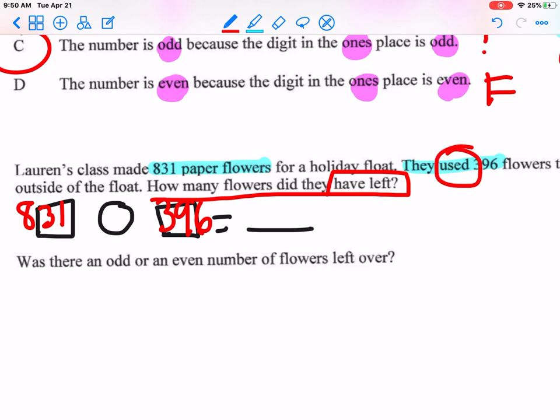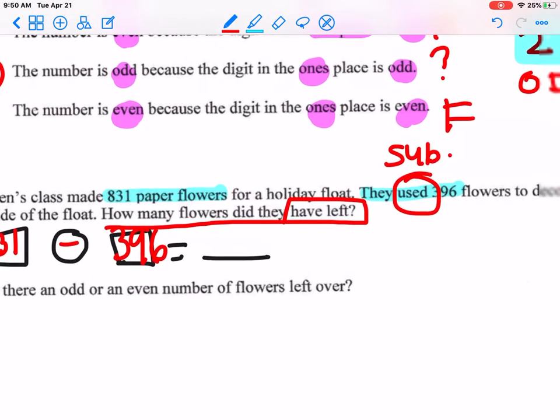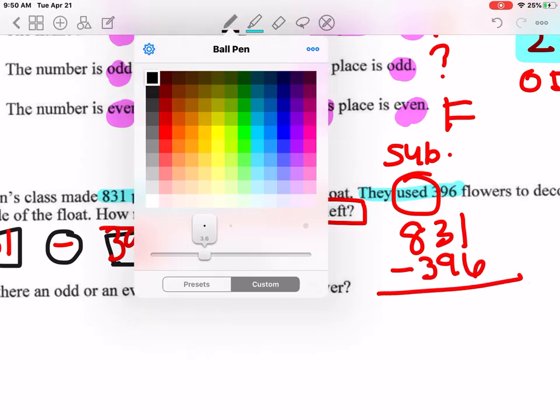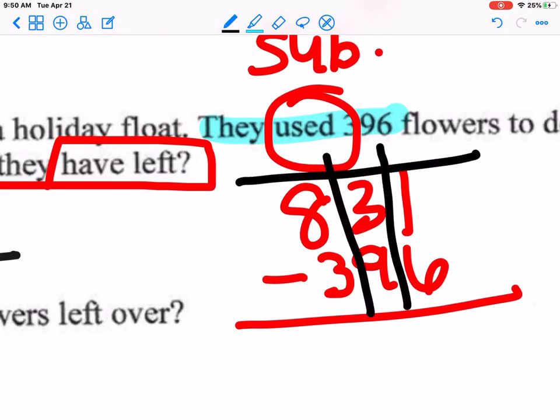So what operation am I going to use? I am going to subtract. Minus. All right, so now I can do this. 831 minus 396. And I can draw my place value.